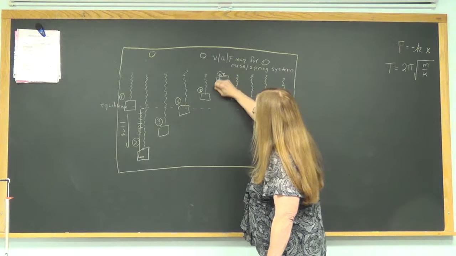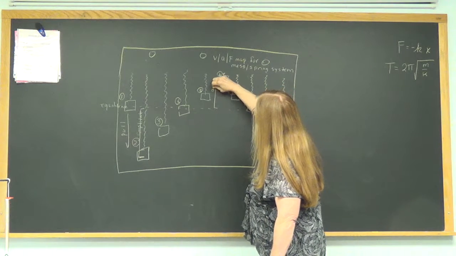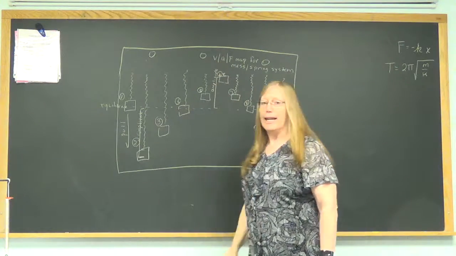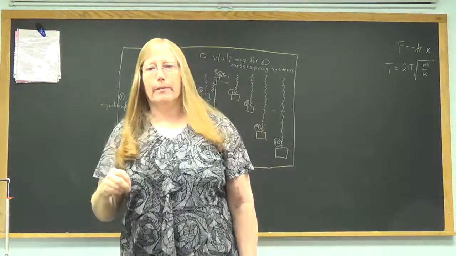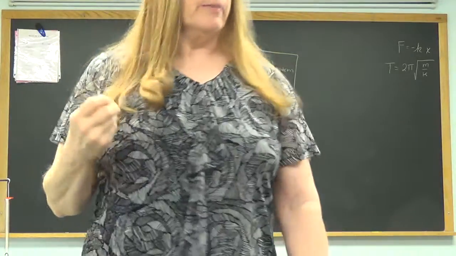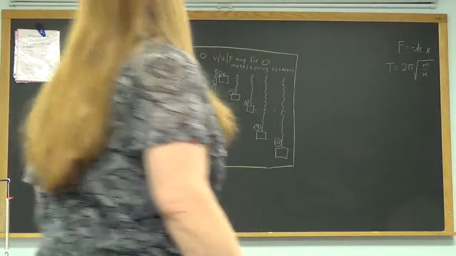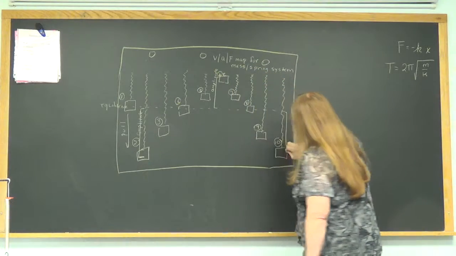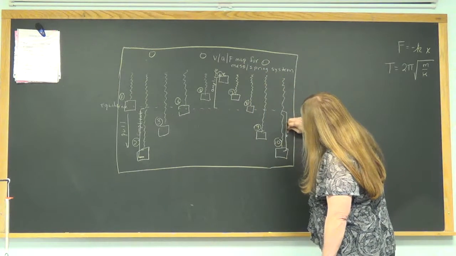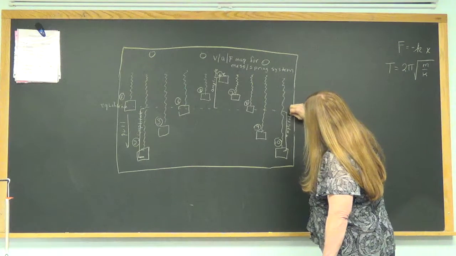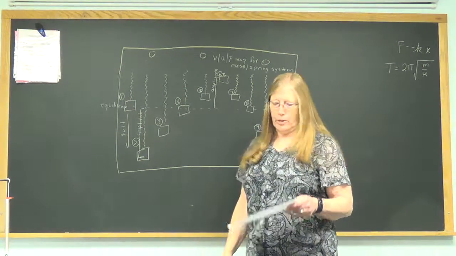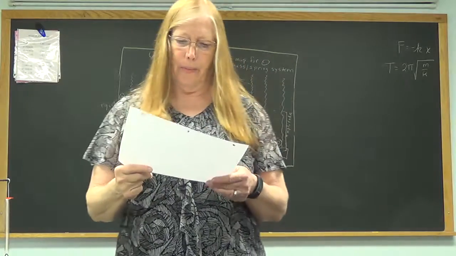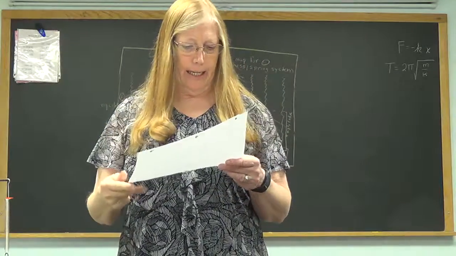So at 6, also mark that this is amplitude. Remember, amplitude is when it's the furthest away from equilibrium. And John, is there another spot? 10. So draw in an amplitude there as well. All right, so we have 3 amplitudes and 1 equilibrium so far. Well, we have equilibrium at 3 spots, but 1 line representing it.